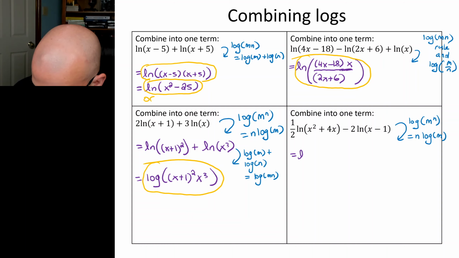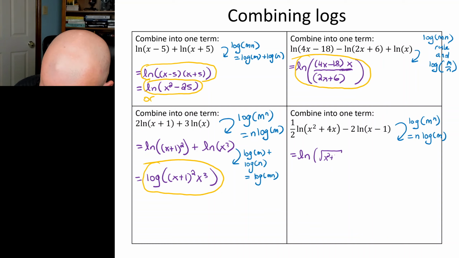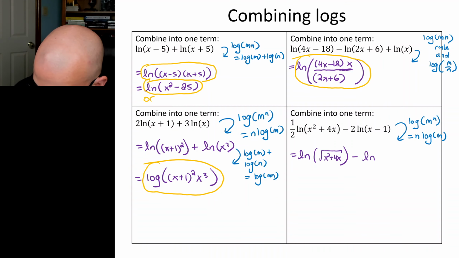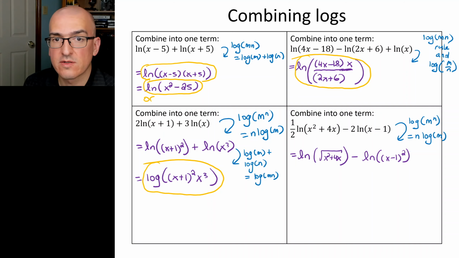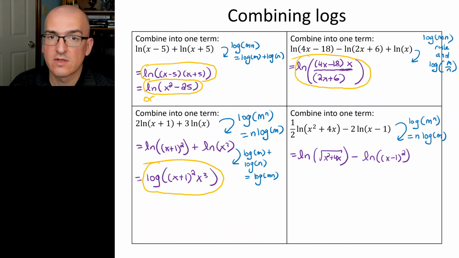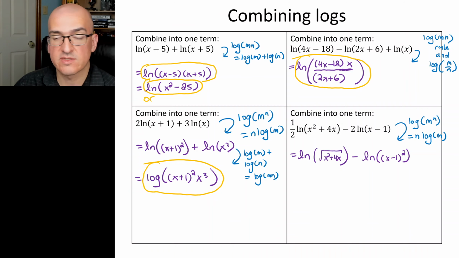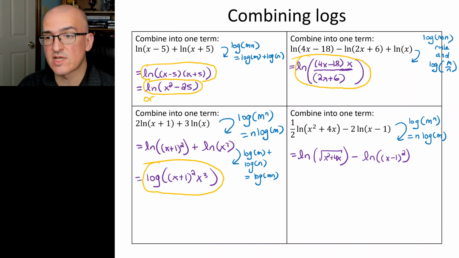So we have the ln of the square root of x squared plus 4x minus the ln of x minus 1 all squared. A common question at this point is, can I bring up the negative as well? So I get plus the ln of x minus 1 to the power of negative 2, and my answer is yes, that's allowed, and it will give you the same result.